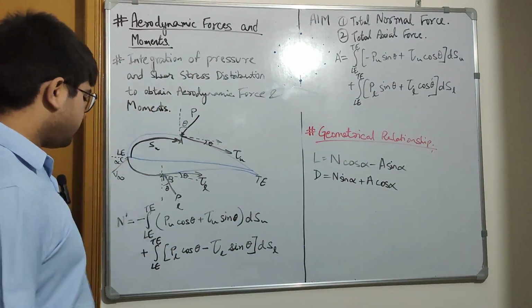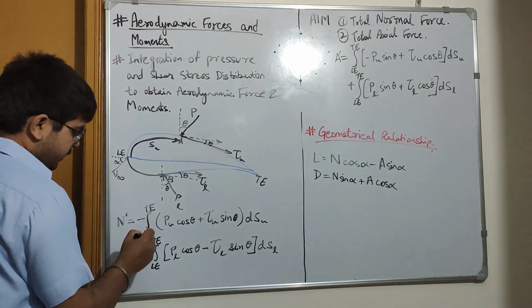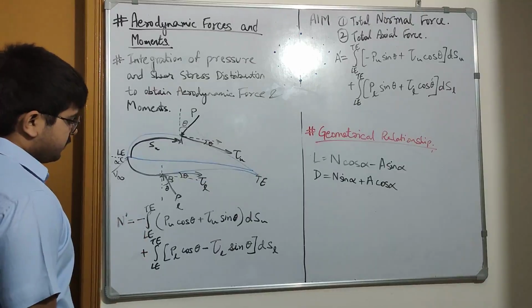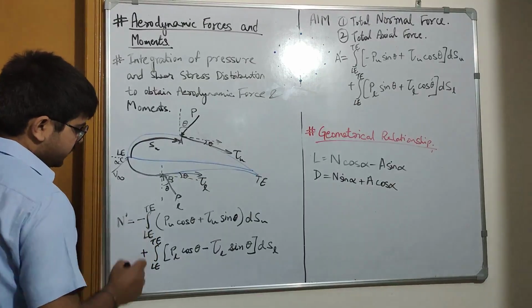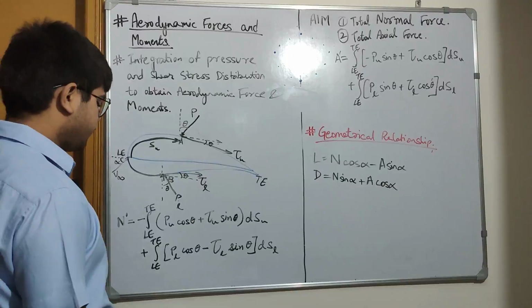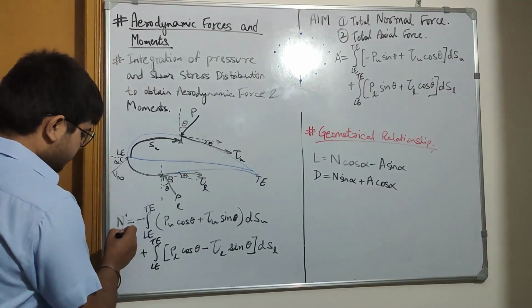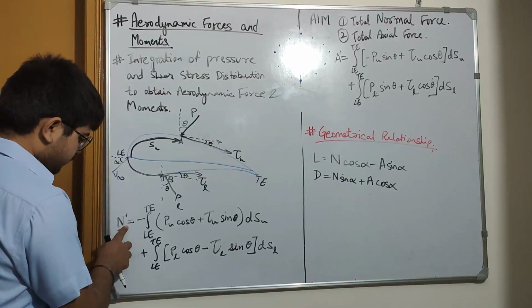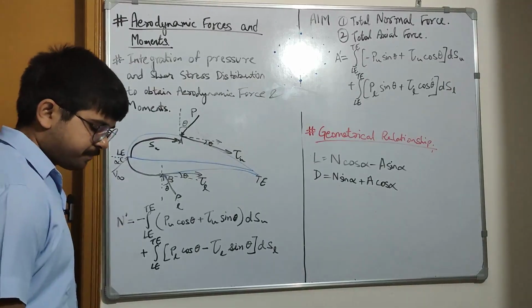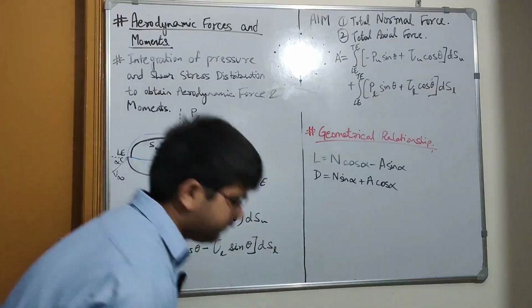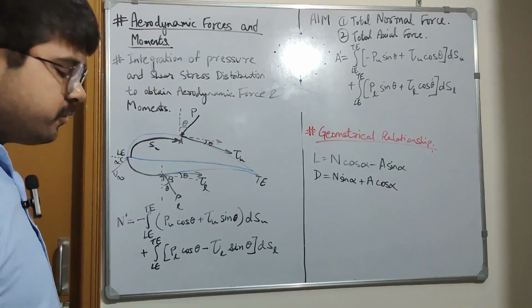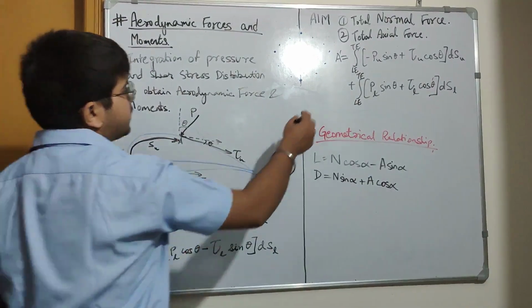So when we have the integration here from LE to TE, from leading edge to trailing edge, then we will get the normal force here and the axial force here.